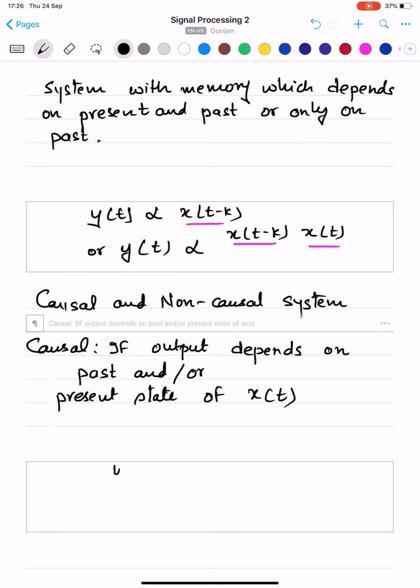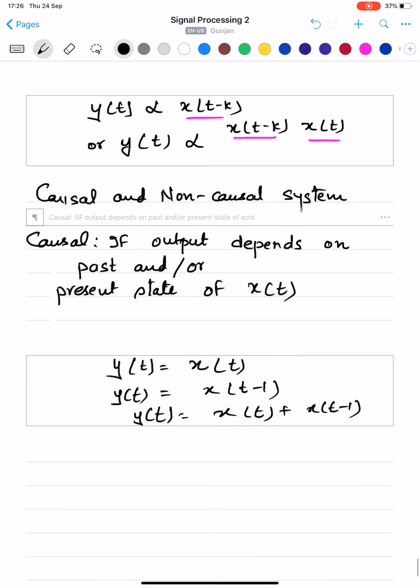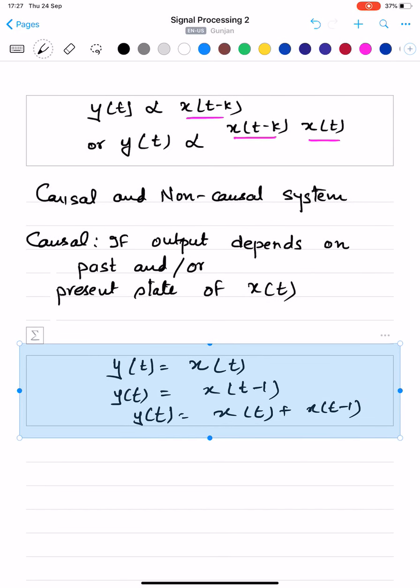So, if I have to give an example, y(t) is equal to x(t). Another example is y(t) equals x(t minus 1), or y(t) equals x(t) plus x(t minus 1). And the main thing on which it should not depend is future.